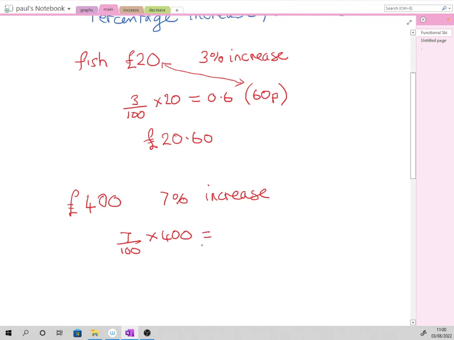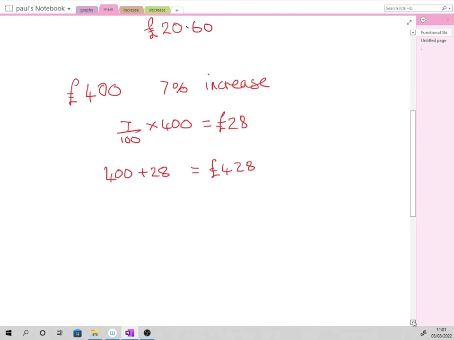What's that going to be? 28, I think. Yeah, 7 divided by 100 times 400 is indeed £28. And to find out what the new price is, we do the 400 plus the 28, which is £428. Yep. Doesn't matter if that's 7.3%, we just put 7.3 there. Doesn't matter what the percentage rate is, it's always the same.